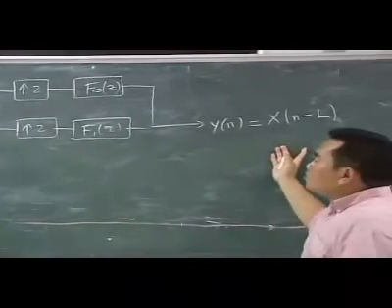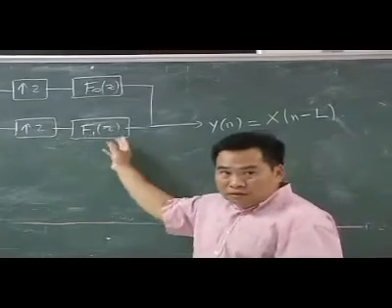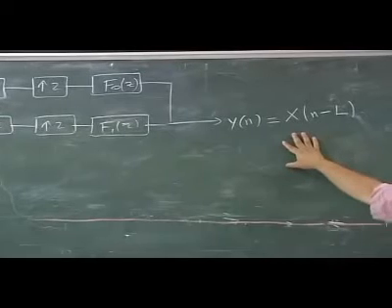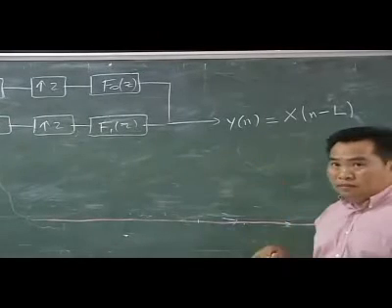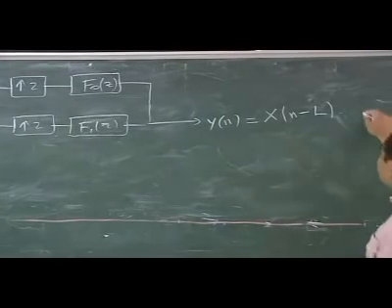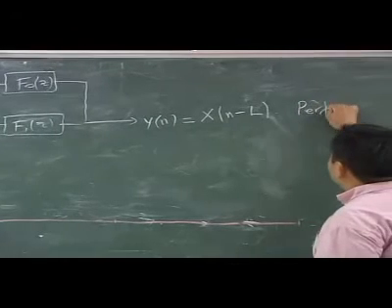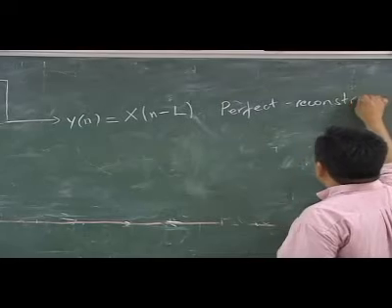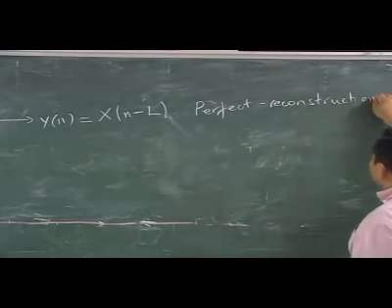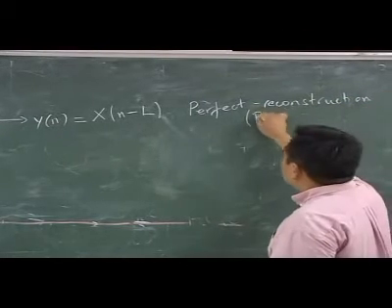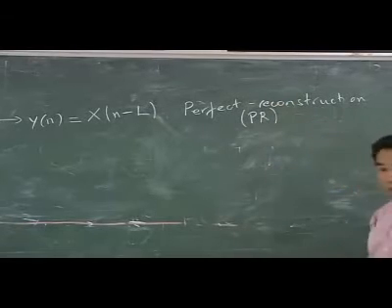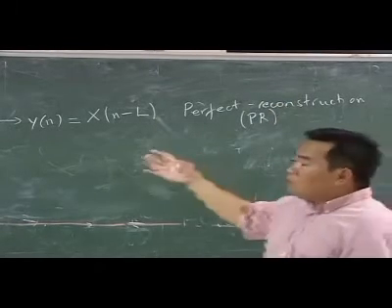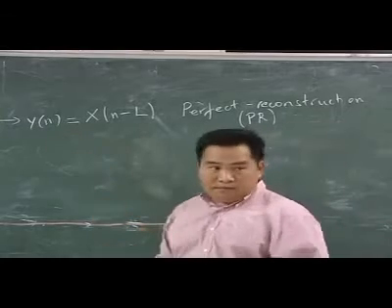There must be some condition on the filter such that the output will be a shift of the input. If this happens, we call this perfect reconstruction, or PR for short. The filter is designed such that the signal can be reconstructed from the output.